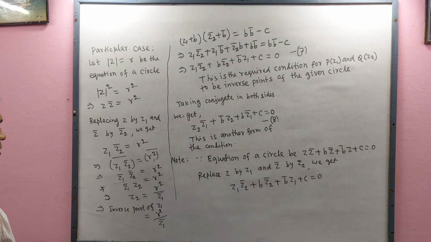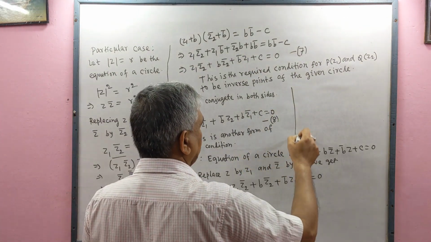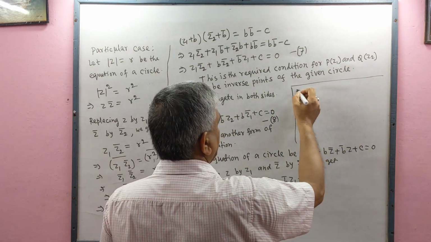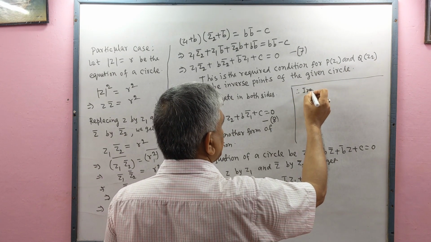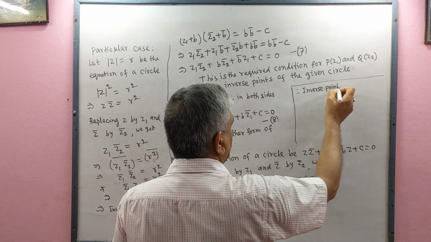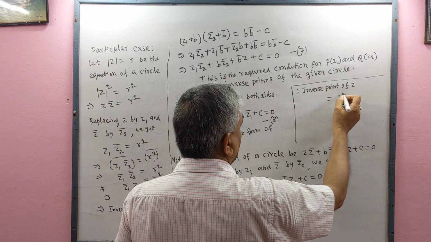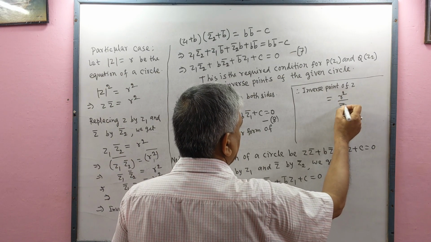If in place of Z1 we write Z, therefore the inverse point of Z equal to R square by Z bar.